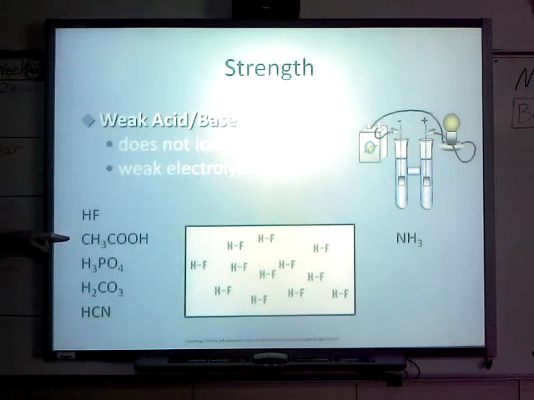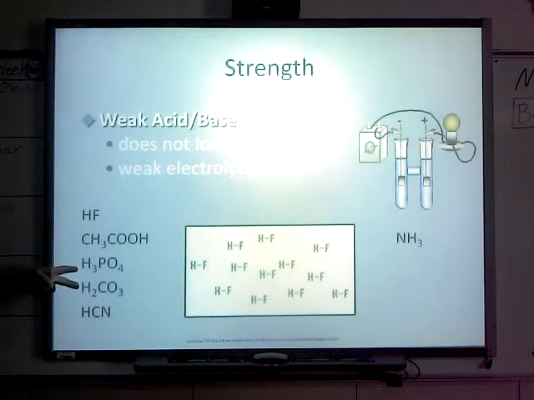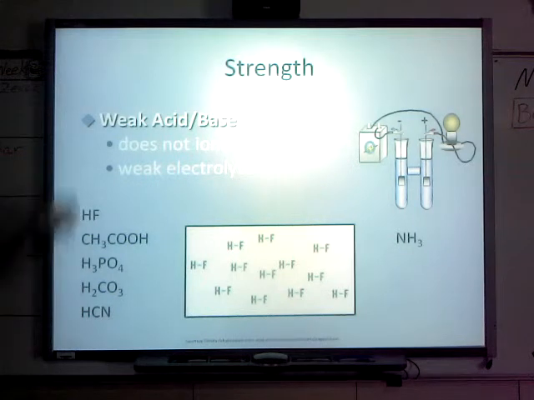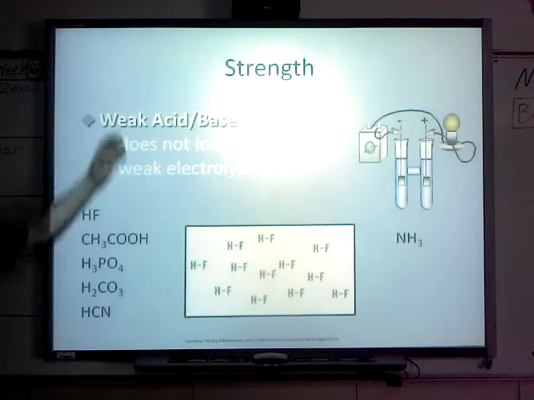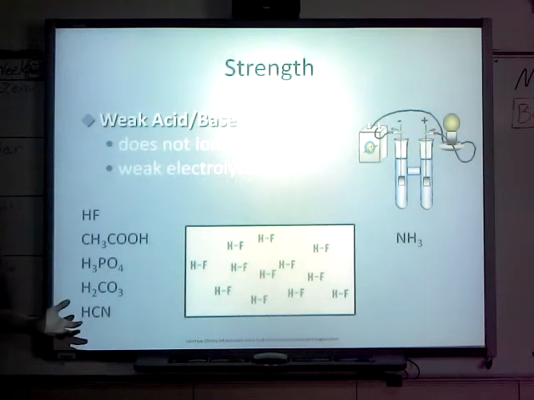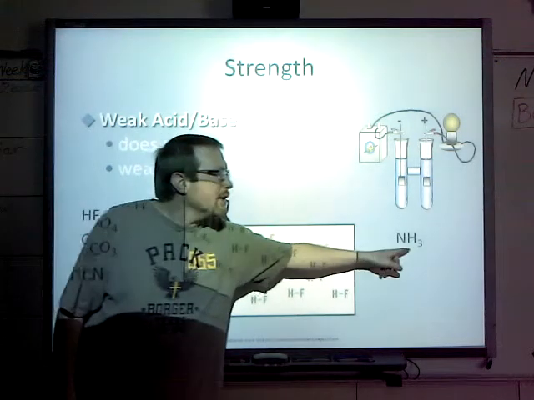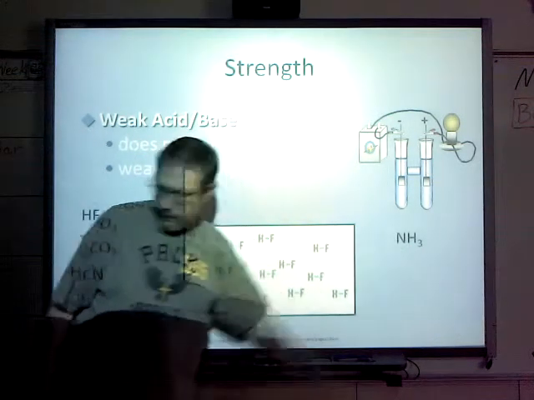Weak acids, this right here, acetic acid, that's vinegar. This is phosphoric acid and carbonic acid. These are 2 ingredients you find in soft drinks. So weak acids tend to be the kind that go into the food that we eat, because if we try to eat the strong kind, it doesn't end up so well for us. As far as weak bases, a classic example is ammonia over here, NH3.